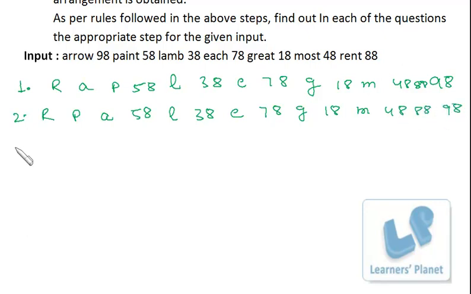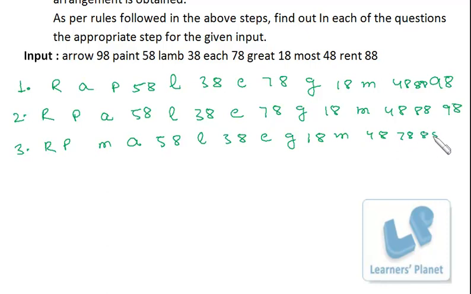Okay, then in the third step, after R, P, we have M. So R, P, M, A, and the number 78 will be there before 88. So A, 58, L, 38, E, G, 18, M, 48, 78, 88, 98. Okay.